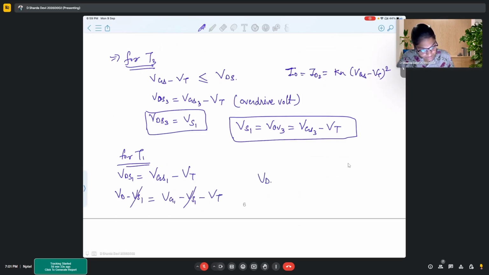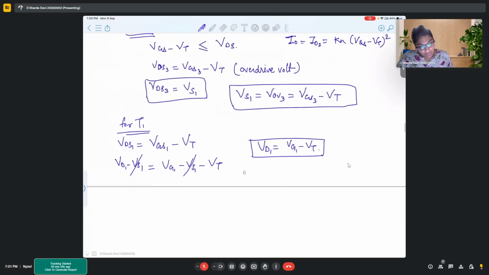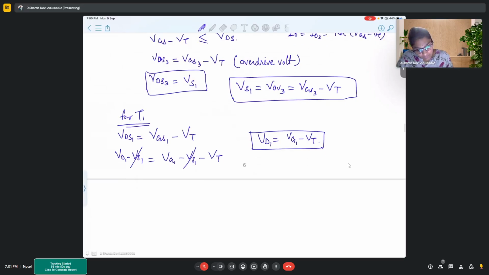So VD1 is equal to VG1 minus VT, right? Or we can also write it as VDS1 equal to VG1 minus VS1 minus VT.